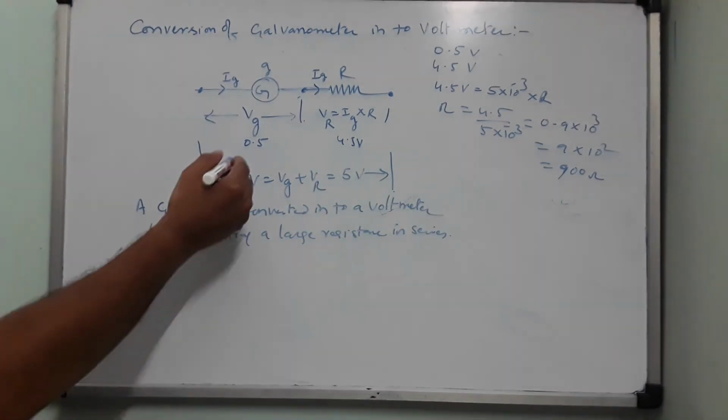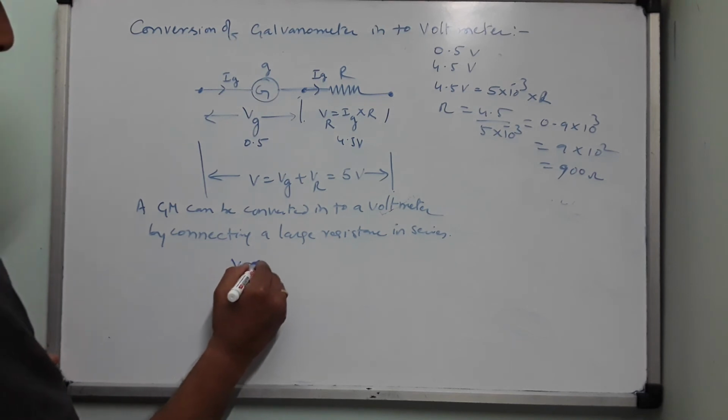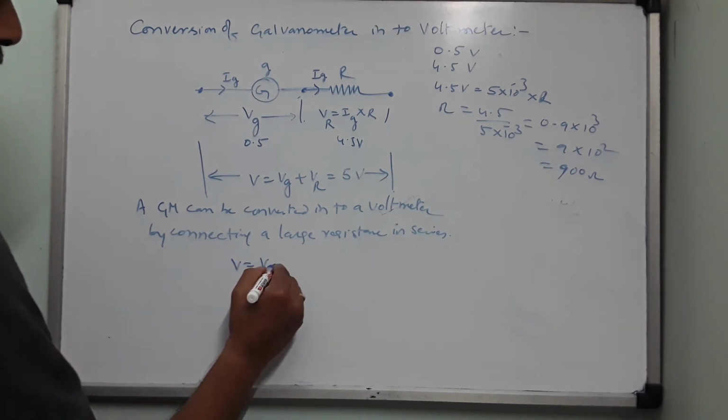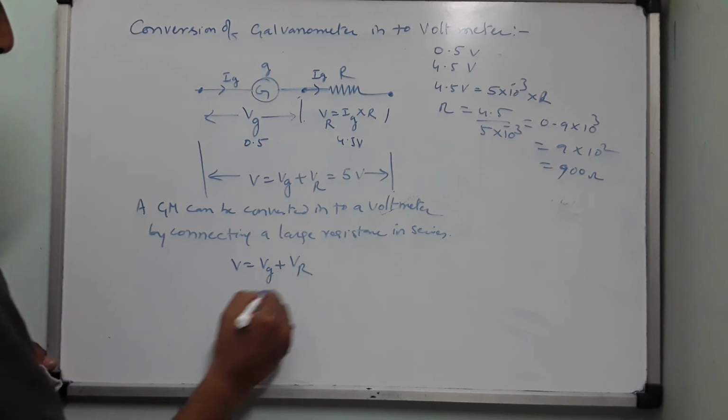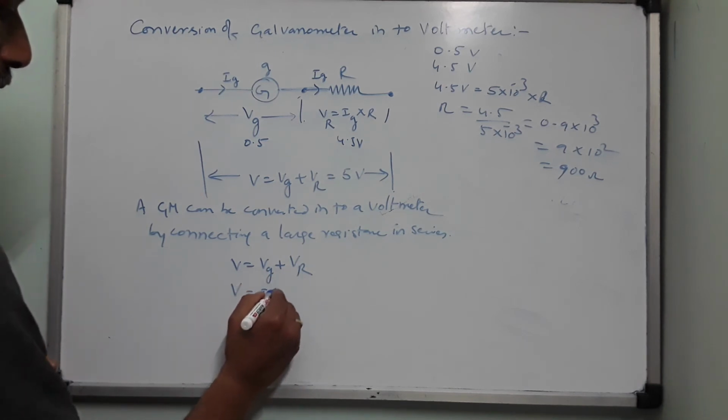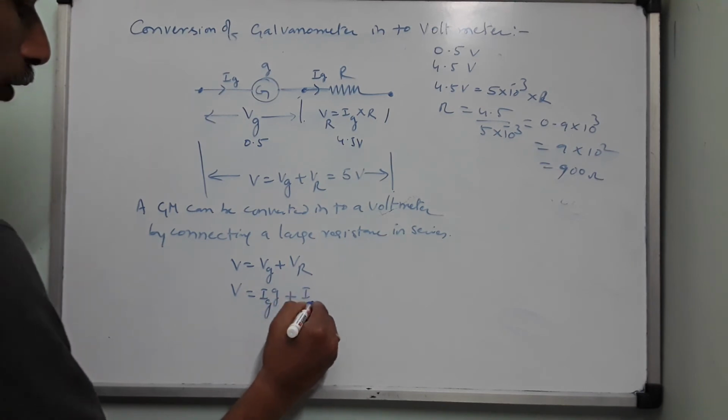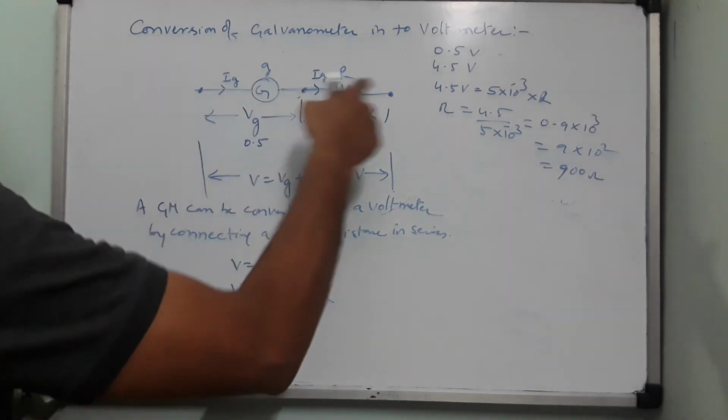Okay. Now, by the formula we see that V equals to Vg plus Vr. So V equals to Vg, which is nothing but Ig into G, plus Vr, which is nothing but Ig into R, because the same current only will flow.